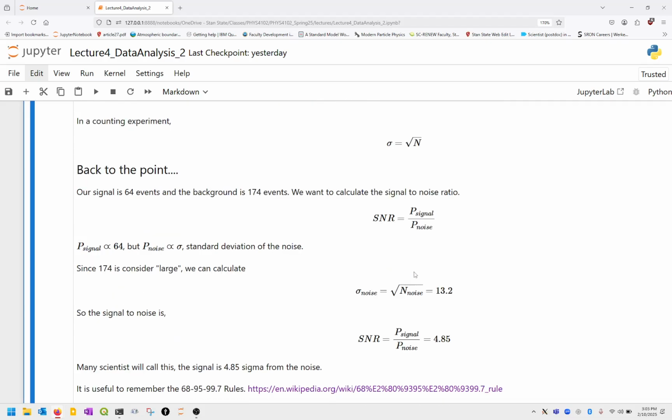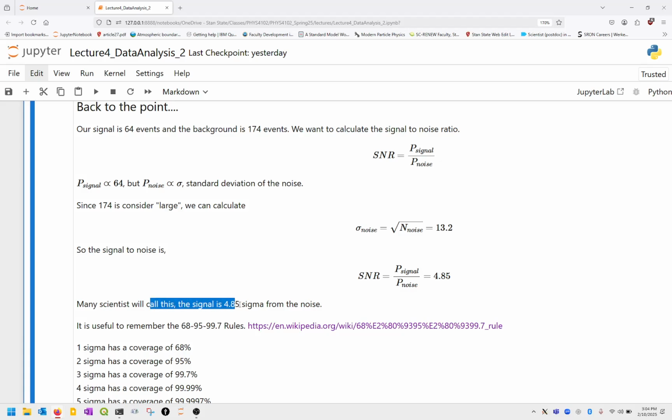In this case, n is 174. The square root of 174 is about 13. If you take 64 divided by 13, you get a signal to noise of about 4.8. Make sense? And 4.8 is a pretty decent number.